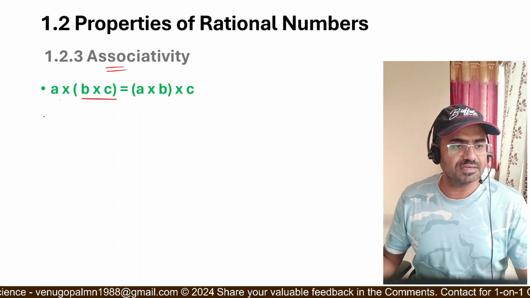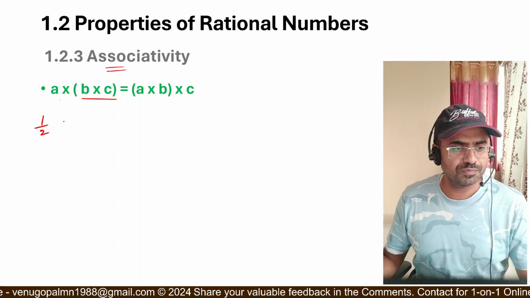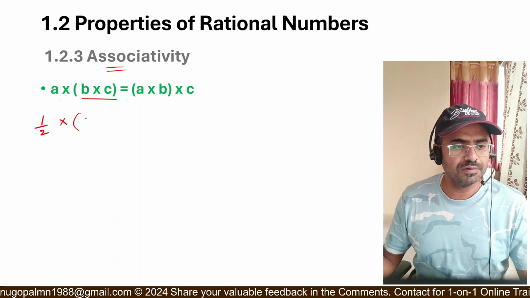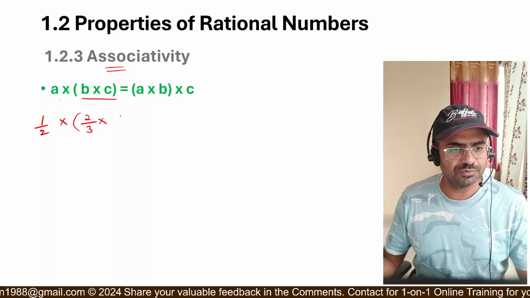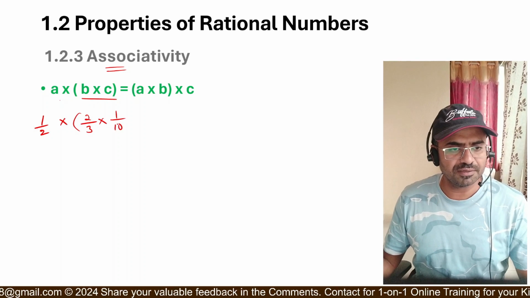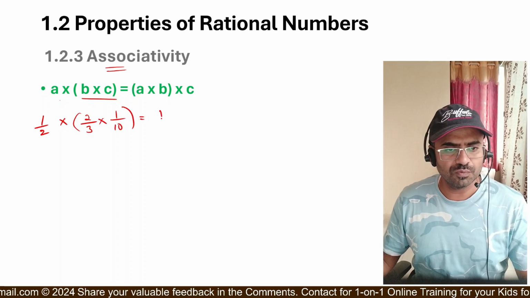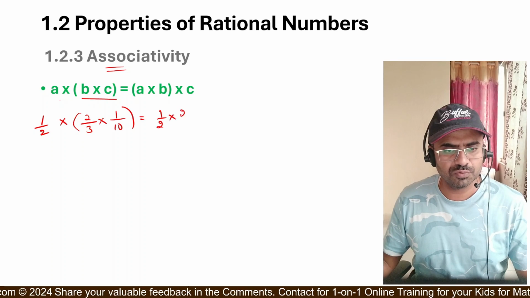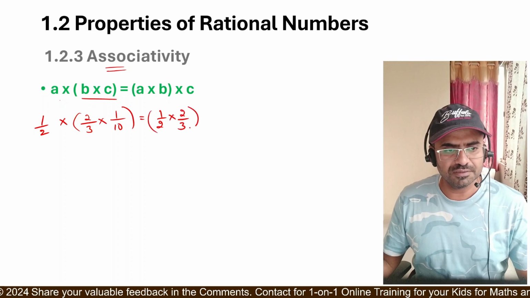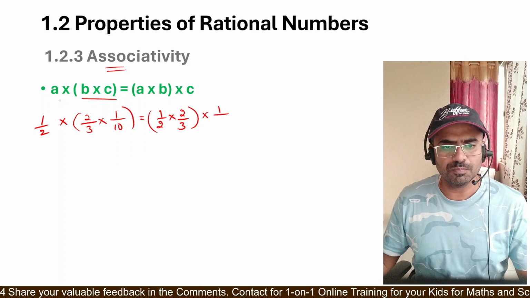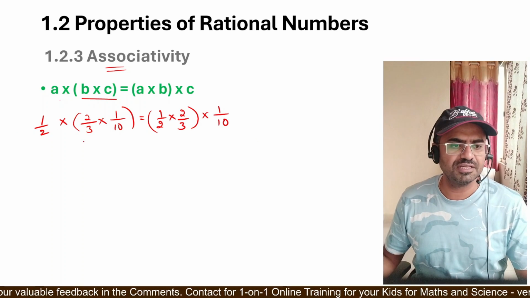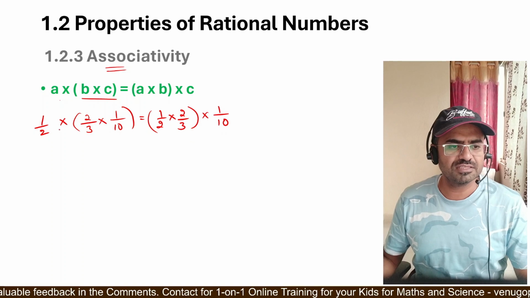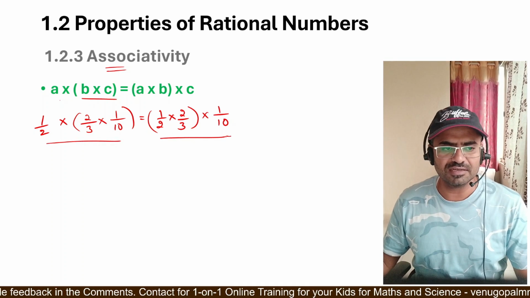Let us take one simple example. 1 by 2 into 2 by 3 into 1 by 10 is equal to 1 by 2 into 2 by 3, then 1 by 10. Here we have the form a, b and c; three rational numbers are there. This is our LHS and this is our RHS, correct?